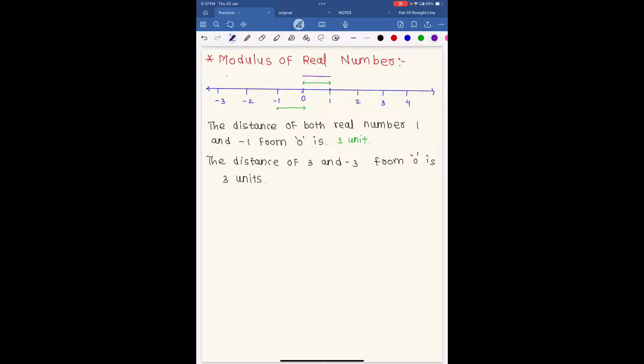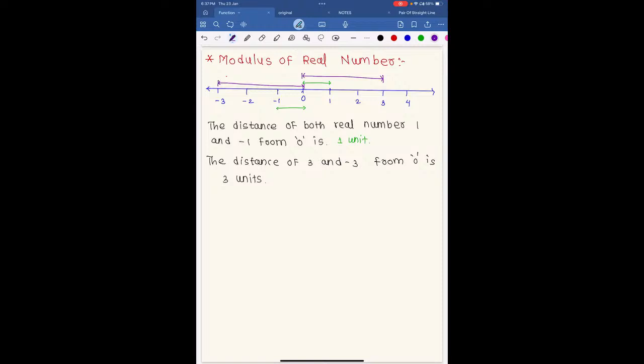From 0 to 3 the distance is 3 units, and from -3 to 0 the distance is again 3 units. So the distance of any real number a from origin will always come out as a.